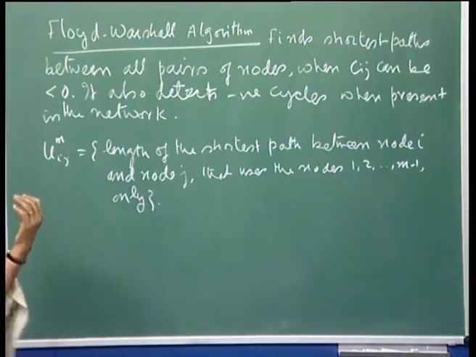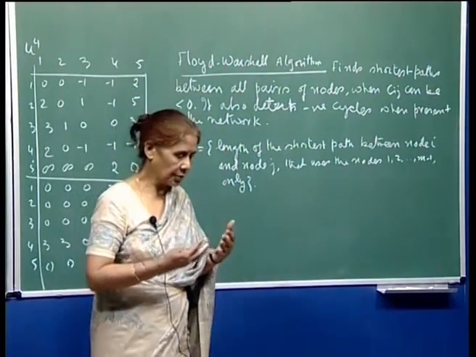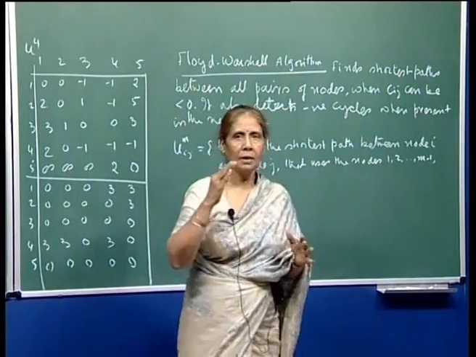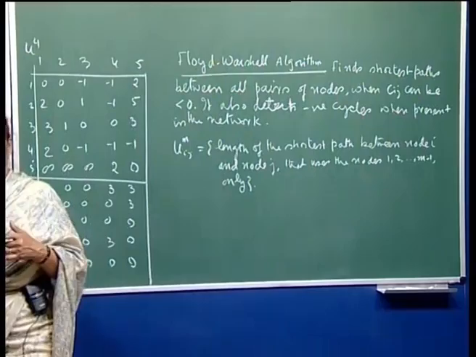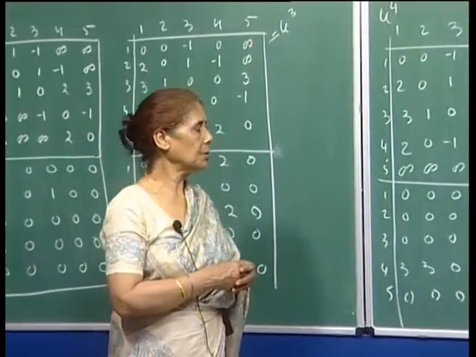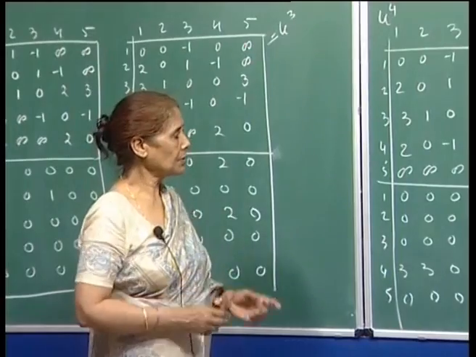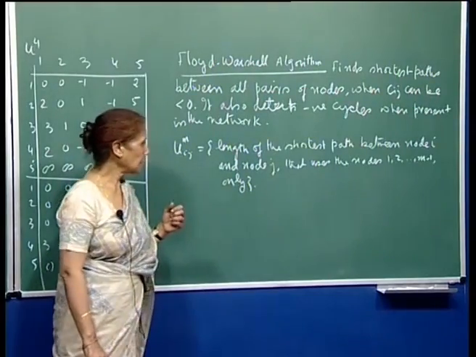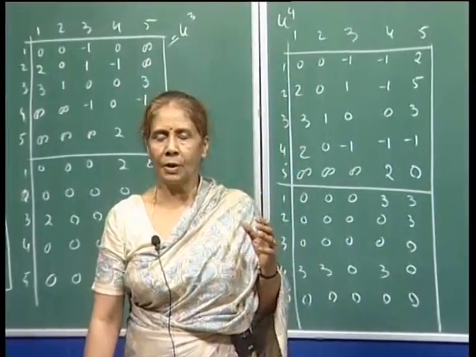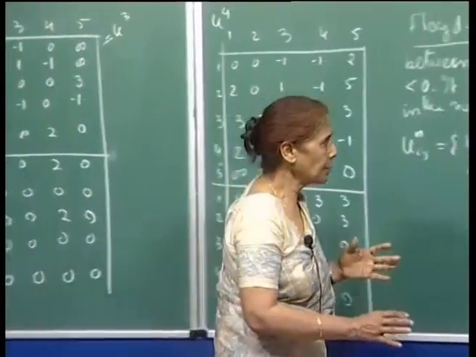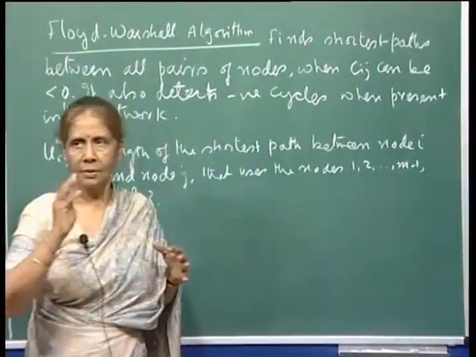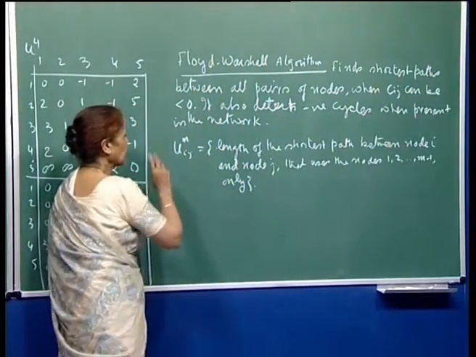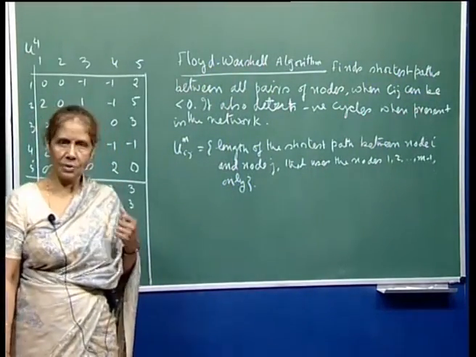Okay. The idea is that again it is a partial shortest path that I am computing, and the same that we did in Dijkstra's algorithm also. We limited the shortest path to the nodes of W, that is I can only use the nodes of W and then go on building the shortest path. So, here also we say that Uij will denote the length of the shortest path between node i and node j when only nodes 1 to m minus 1 have been used. It is not necessary that all of them get used, but what we are essentially saying is that nodes m to n should not be used in the construction of this shortest path from i to j. This is what we do, right.